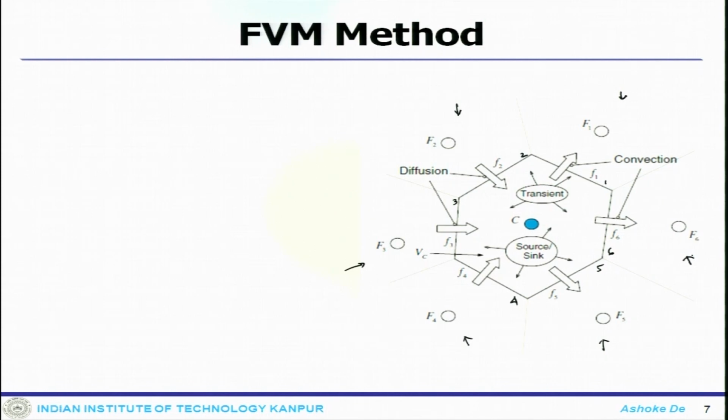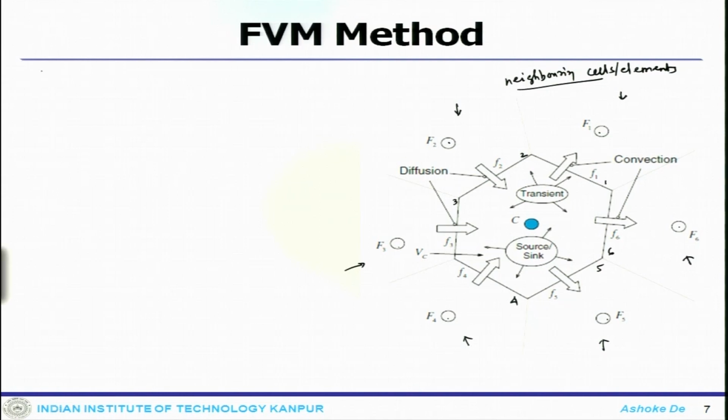These marked points are essentially the cell centers of the neighboring cells or elements. So, the element C is surrounded by all these 6 elements.